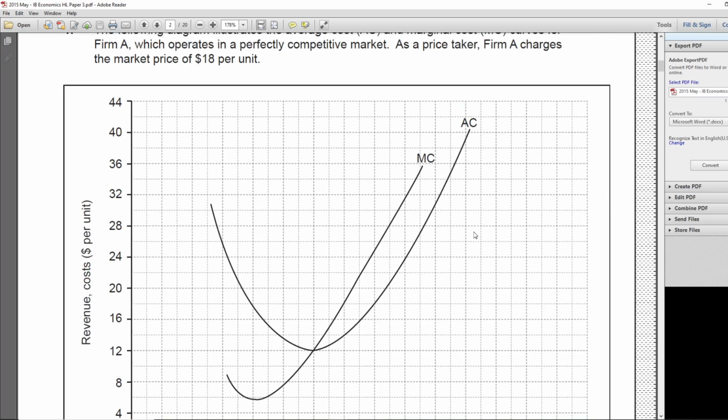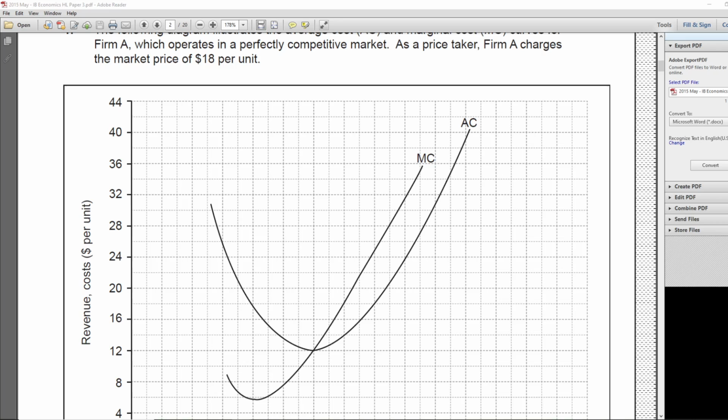Question A is asking you to draw the average revenue curve. Where should I draw it? Anyone?